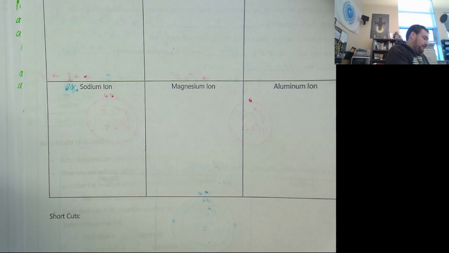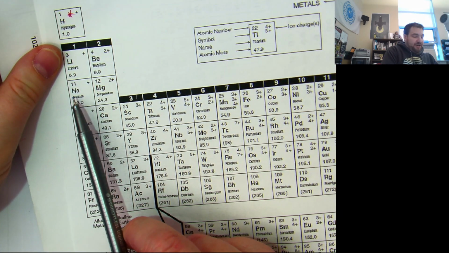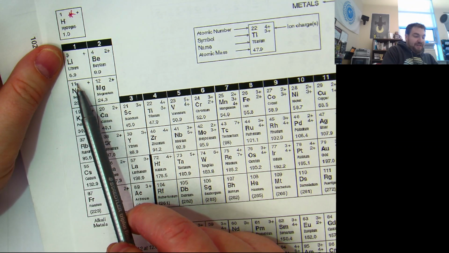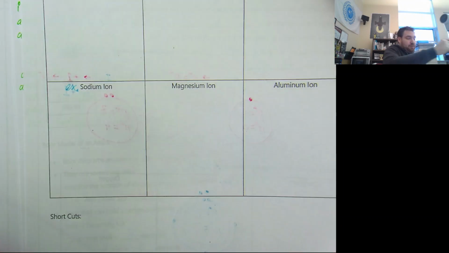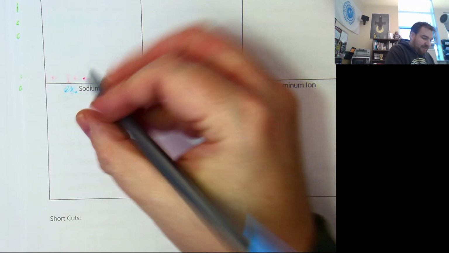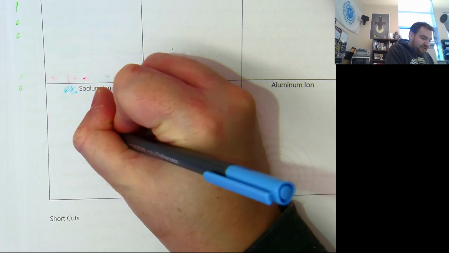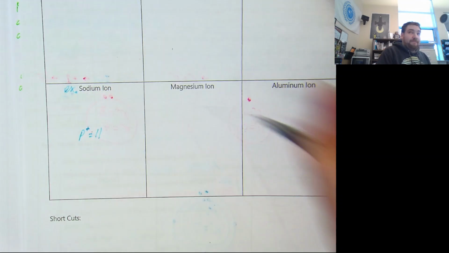So sodium on the periodic table is this guy right here. It's got an atomic number of 11, an atomic mass of 23. So the atomic number of 11 tells you how many protons there are.